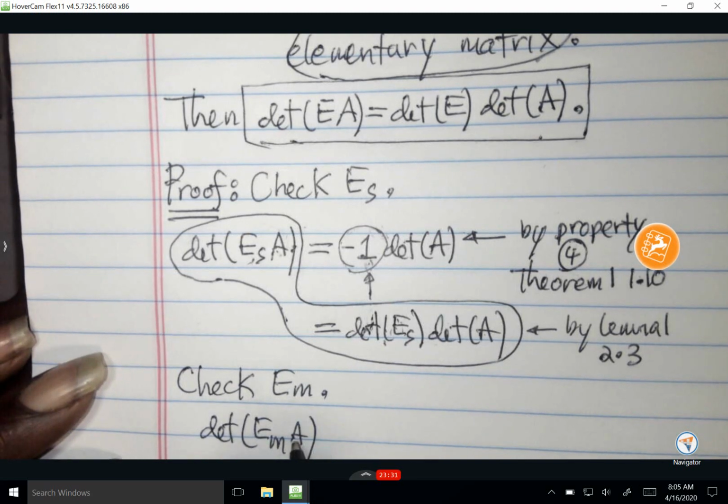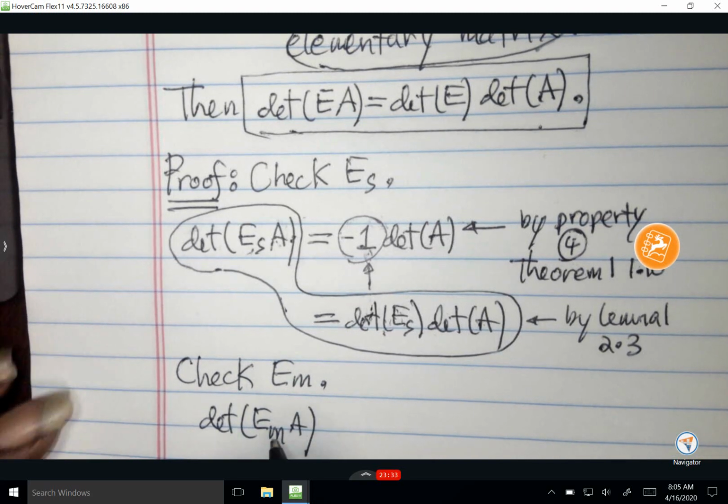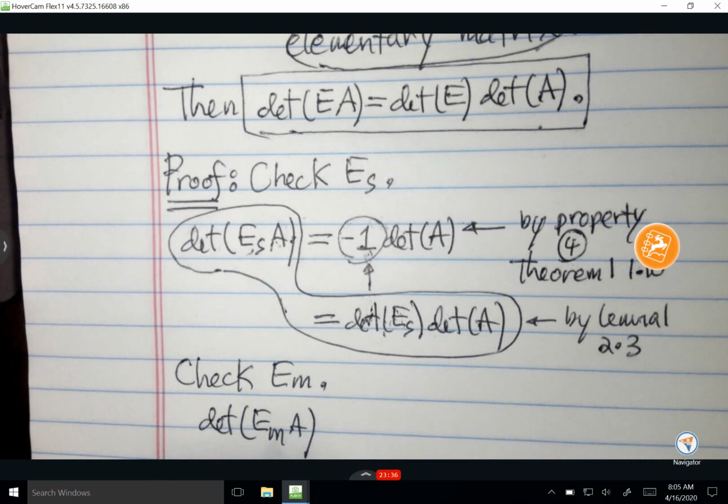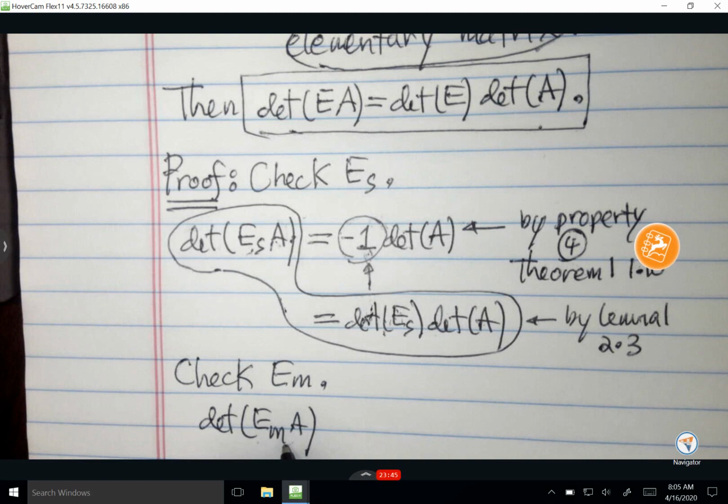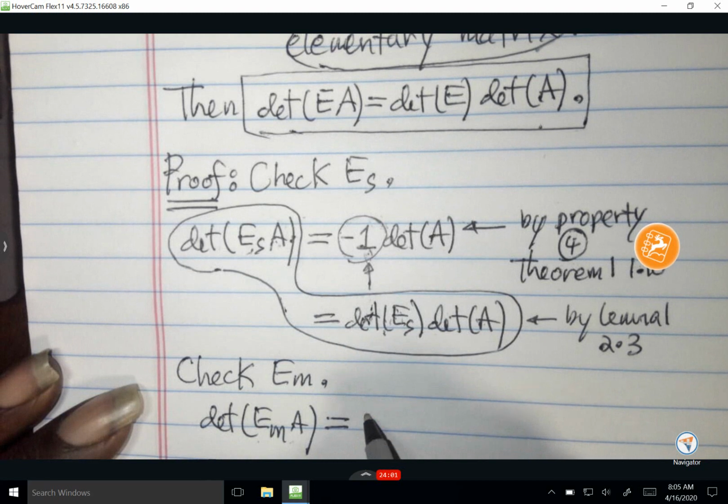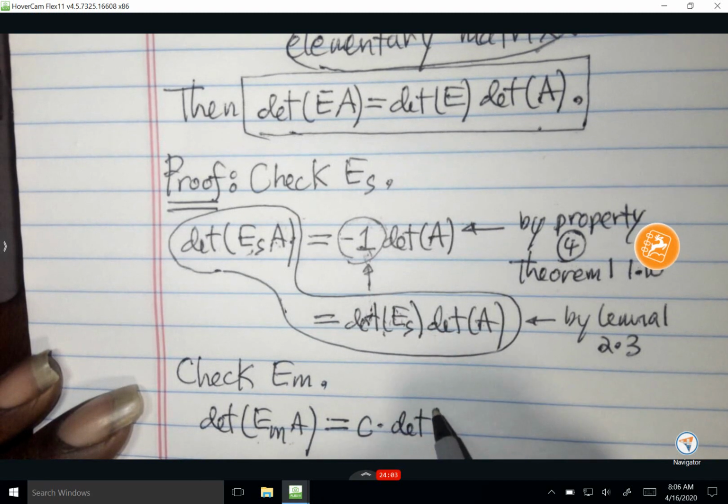Okay, so let's go down here and check E multiply. By Theorem 1 in 1.10, when we multiply on the left by an elementary matrix, it does the elementary row operation on the matrix for you. So this is the matrix that has a row of A multiplied by the number C. By property 2 in 2.2, its determinant is C times the determinant of A. Why?